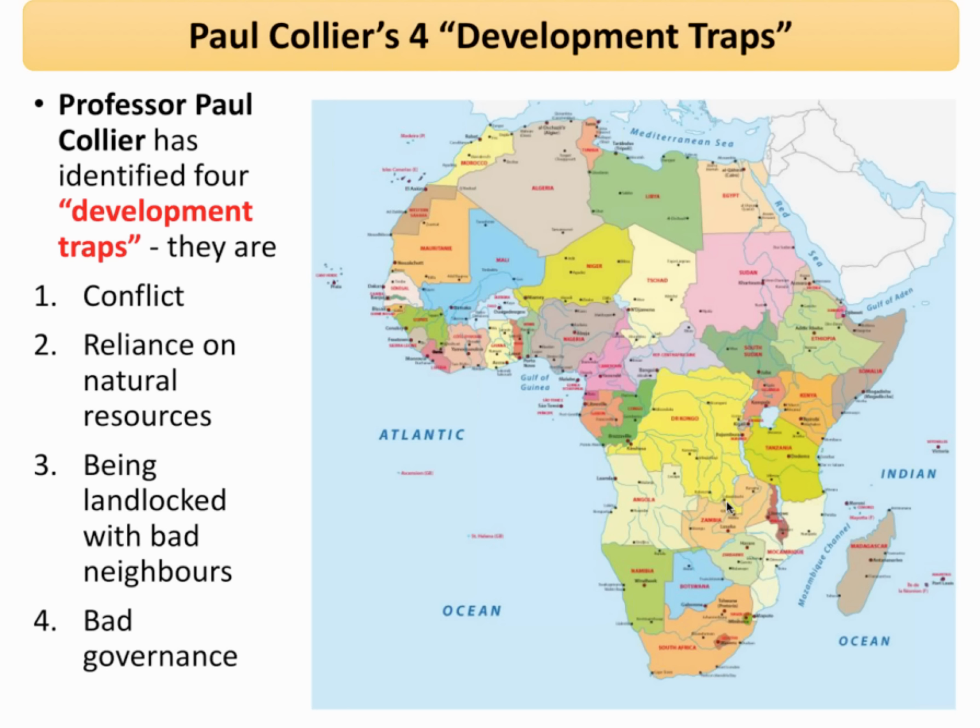He's actually identified something called the development trap, and he thinks there are essentially 4 of those traps: conflict, civil war obviously being a major one; an over-reliance perhaps on natural resources, primary commodities, which is going to be our focus in this session; the limitations and the constraints of being landlocked.